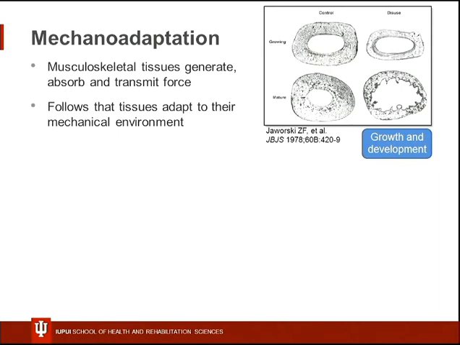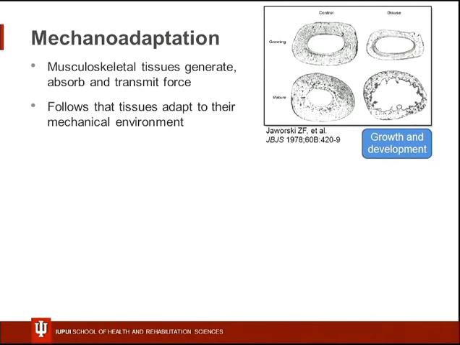In this study they immobilized growing dogs and mature dogs to look at the effect of immobilization on the skeleton. If you immobilize the young growing animal, they don't develop the normal skeletal structure of a mature animal.